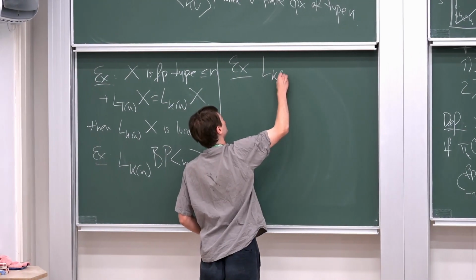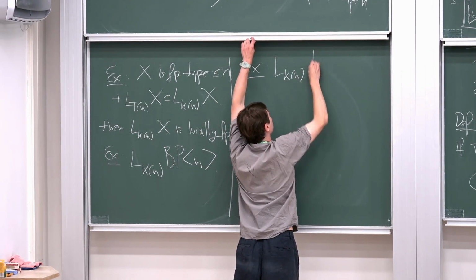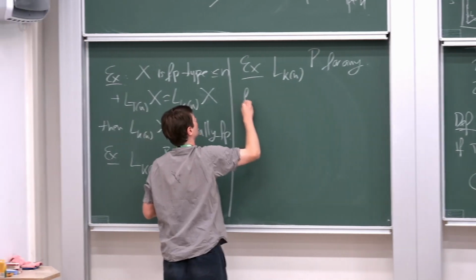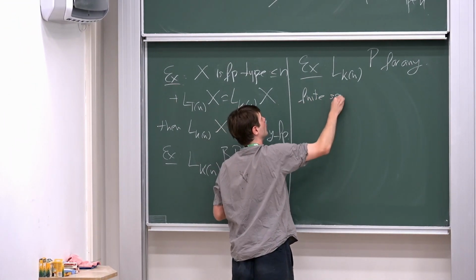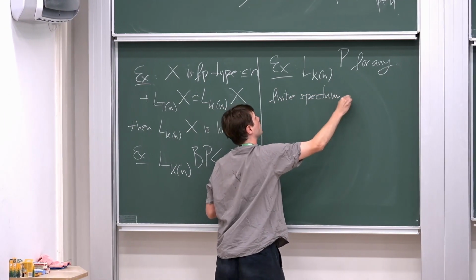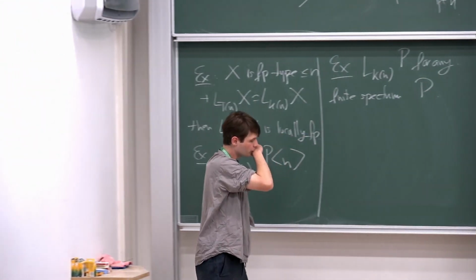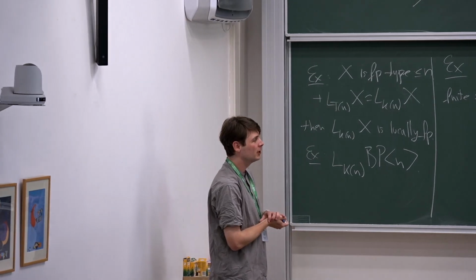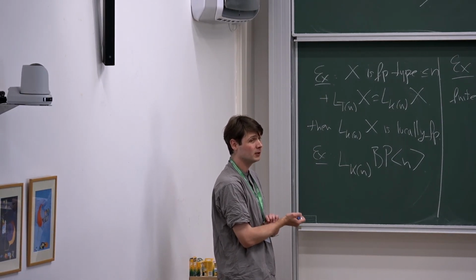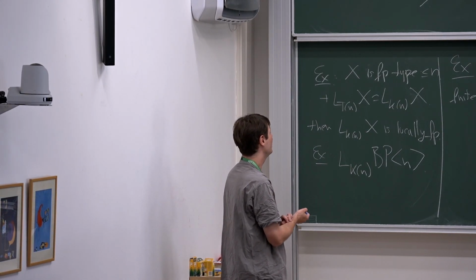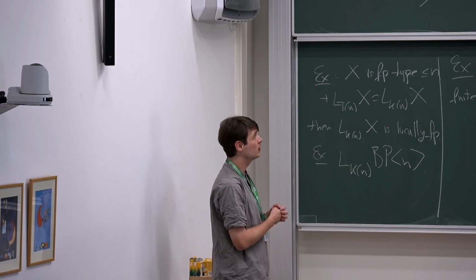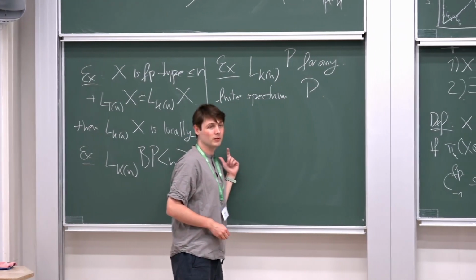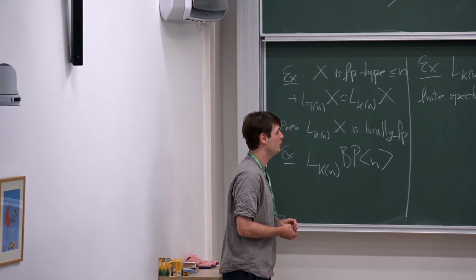So the K(n)-localization of, let's call this P, for any finite P. So this is something where you already see how the monochromatic story becomes quite a bit different in its behavior from the integral story or the bounded below story, where because of the very good finiteness properties of the monochromatic category, finite spectra are actually examples of FP types, of local FP types.